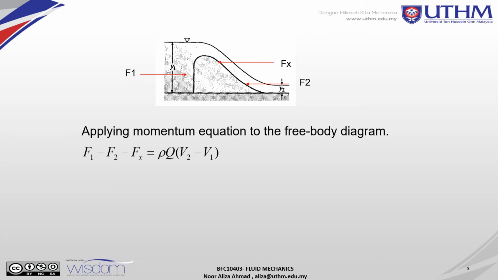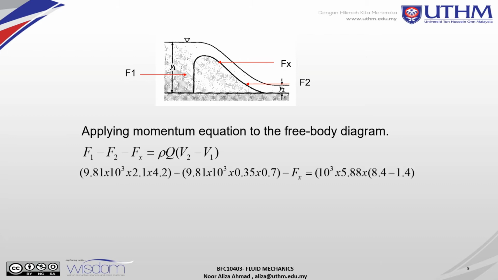So you apply the momentum equation to the free body diagram and we get F1 minus F2 minus Fx equals density times Q times (V2 minus V1). Just put all the values in this equation.